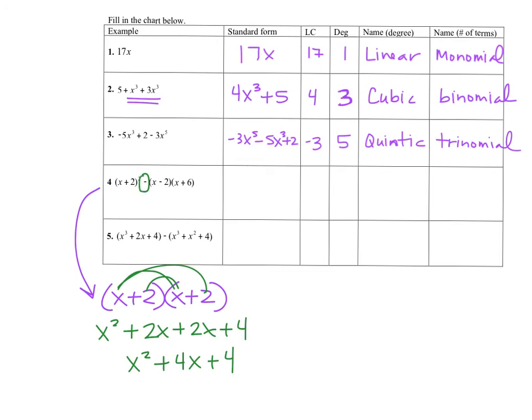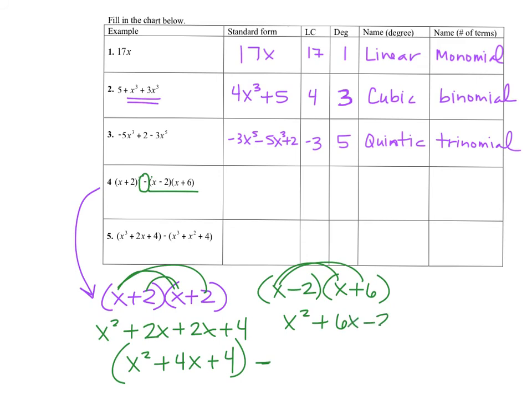And then we have to be real careful here. We're subtracting, so minus, and then we have to FOIL this. X minus 2 times x plus 6 would be x squared plus 6x minus 2x minus 12. Again, simplify that. Put this whole thing in parentheses because we're subtracting the whole thing. So in parentheses, x squared plus 4x minus 12.